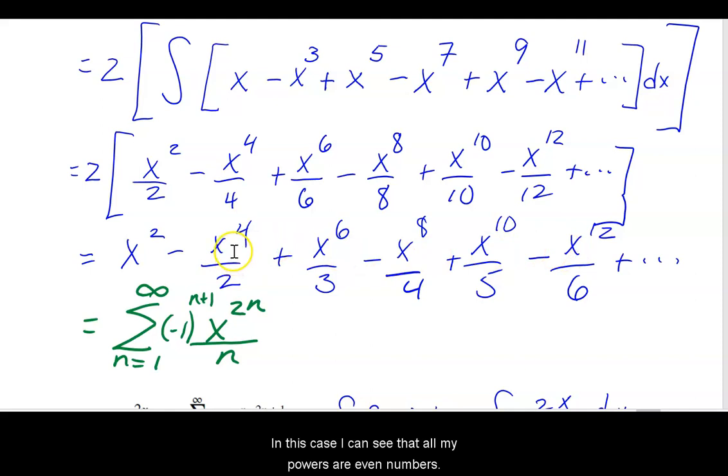In this case, I can see that all my powers are even numbers. Since this is the first one and this is the second one, it looks like if I multiplied the index by 2, I'd get the right power. That gave me x to the 2n.